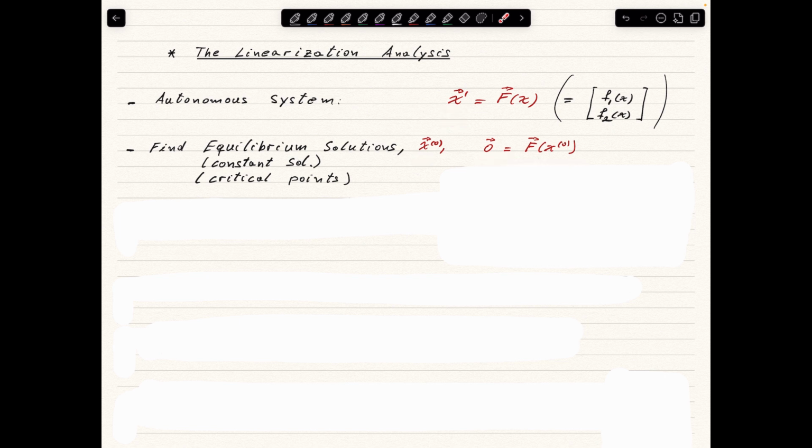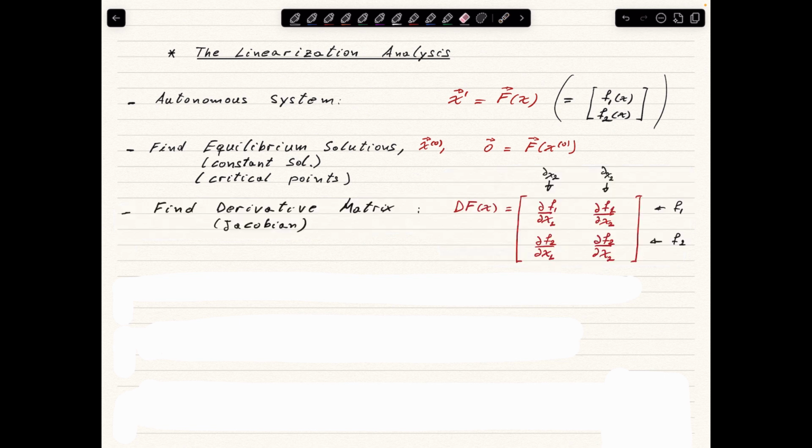There could be multiple equilibrium solutions, and the next step is to find what is called the derivative matrix, also called the Jacobian of the system, which is constructed with the right-hand side of the equation. Recall the right-hand side of the equation is a vector valued function with two components, and the components depend on the variables x1 and x2.